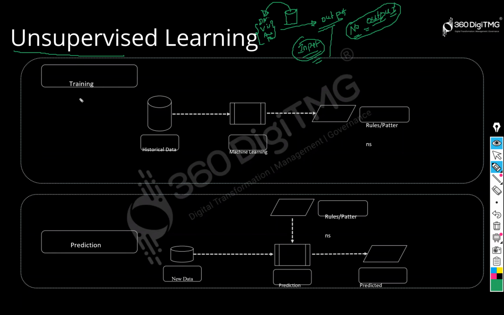I will put the data in my training set, take it, and put it in the machine learning model which I built. It will give me some rules and patterns. Make it clear: it is not giving any mathematical calculations, it is giving rules and patterns. I will collect these rules and patterns.